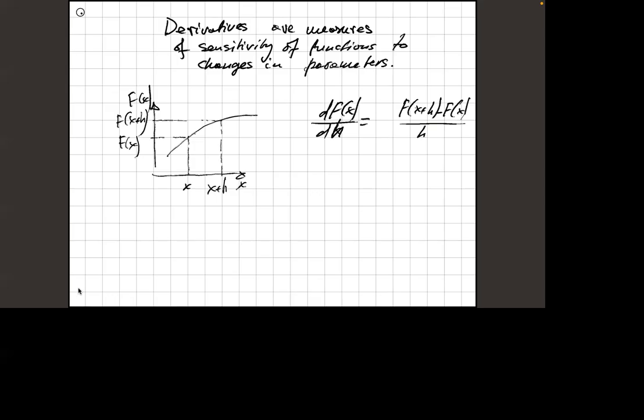And here, of course, it's a limit when h goes to 0. You also remember that this is your delta f, and this is your h. Yeah, that's the thing.